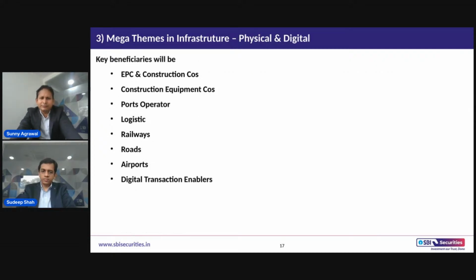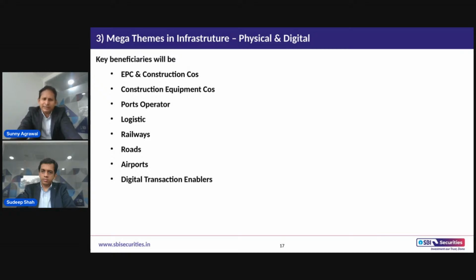Moving on to the next theme, which is the mega theme, that is infrastructure. If any economy has to do well, I think infrastructure is the backbone of the economy. During the last 10 years, we have seen a massive improvement in infrastructure, and what we believe is that the task is still half done. There is still a long runway in terms of expansion of infrastructure.